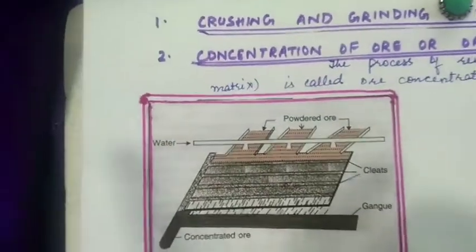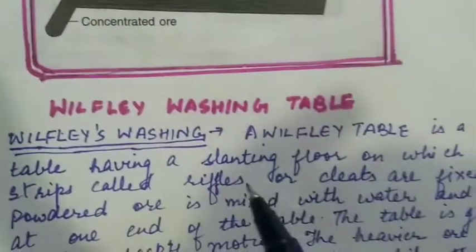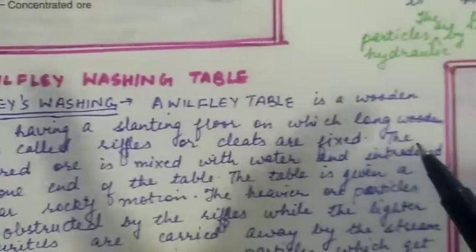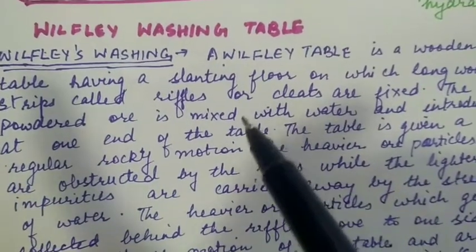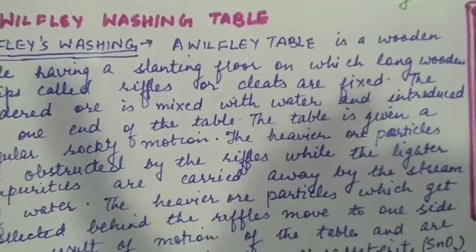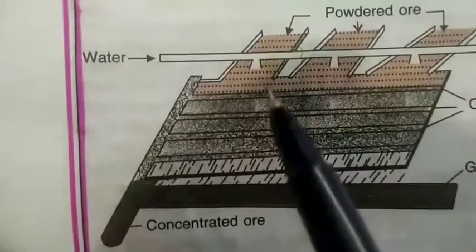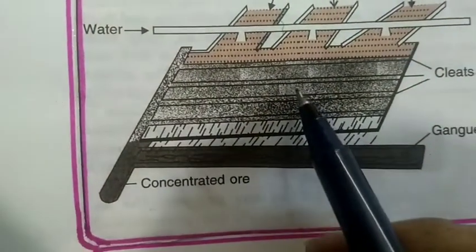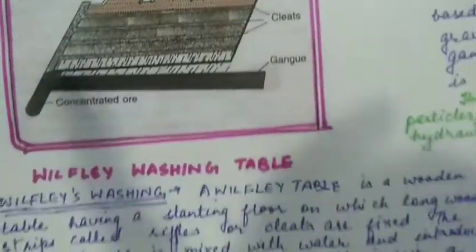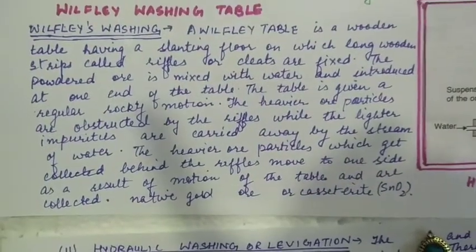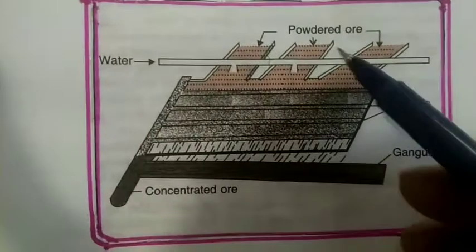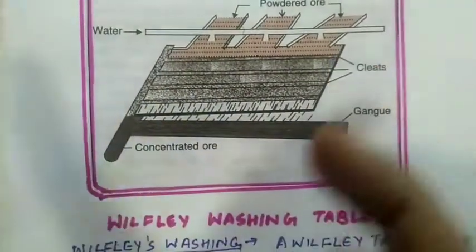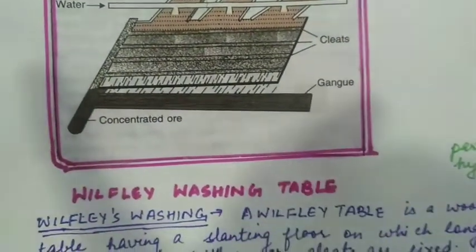The wilfley table consists of a slanting floor on which long wooden strips called riffles or cleats are fixed. So these are the cleats and the floor is slanting. The powdered ore mixed with water is introduced at one end of the table, and this table is continuously rocked.